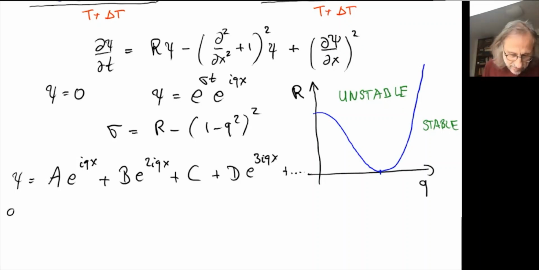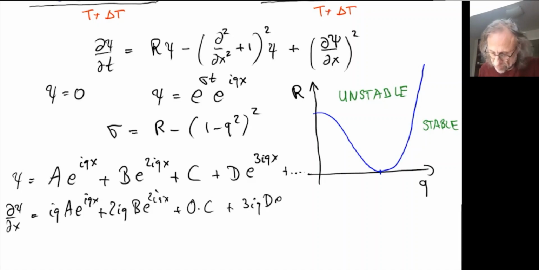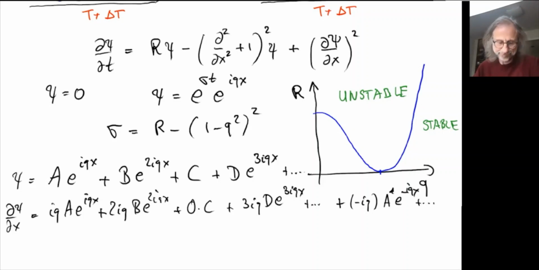So we have d psi by dx is given by IQ A e to the IQX plus 2IQ B e to the 2IQX plus 0 times C plus 3IQ D e to the 3IQX plus higher orders plus complex conjugate. So that would be actually minus IQ A star e to the minus IQX and so on.